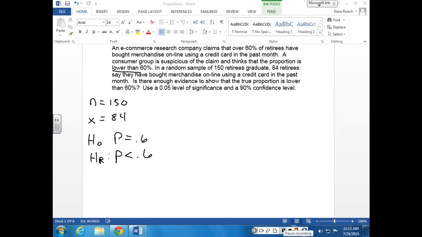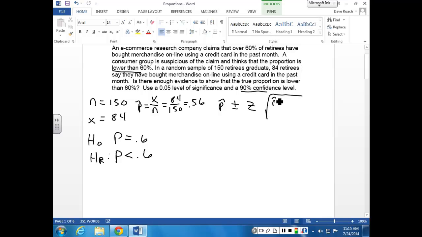So p hat is x over n, x just being the number of yeses, 84 divided by 150, which is equal to 0.56. If we're doing a 90% confidence interval, we're going to have p hat plus or minus z times the square root of p hat q hat over n.